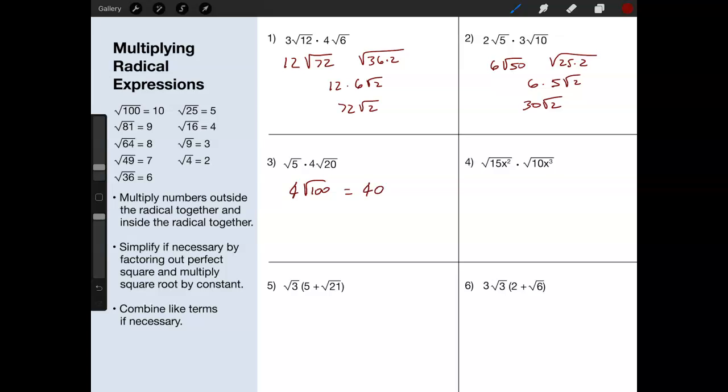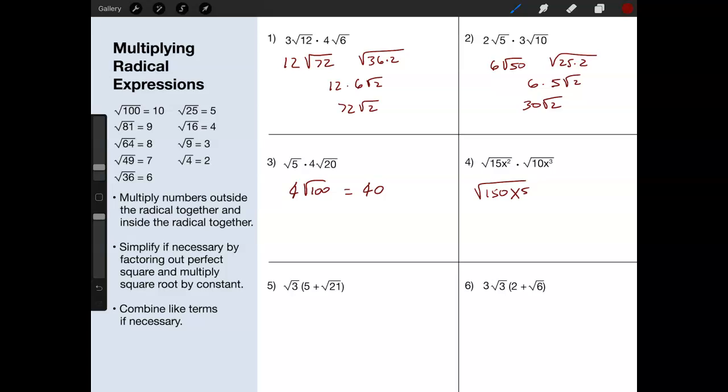For number 4, we have 15x squared multiplied by 10x cubed. So we multiply the numbers together, and we have the square root of 150. And then x squared times x to the third. We multiply exponents. We are really just adding the exponents together. We have x to the fifth.